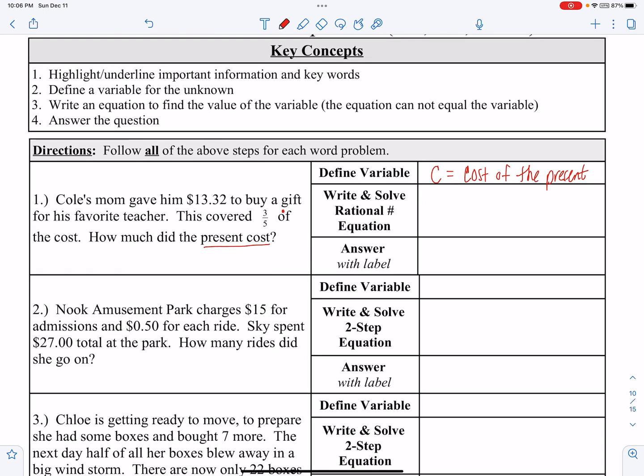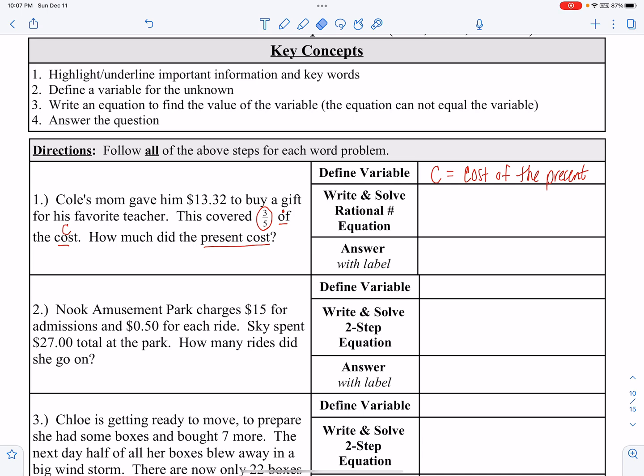All right, so let's go ahead and look back at the problem. Cole's mom gave him this amount to buy a gift for his favorite teacher. This covered 3/5 of the cost. And I already know now the cost is C. And so I can sort of see an expression here. And so I'm going to go ahead and write that.